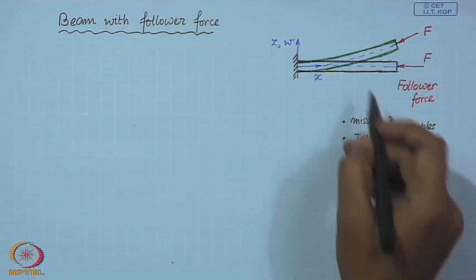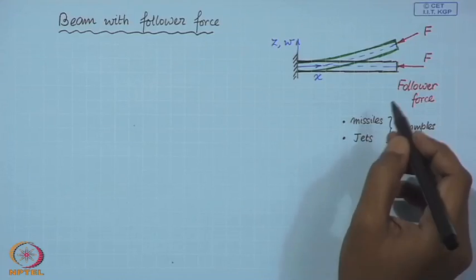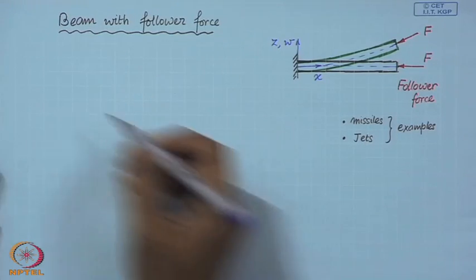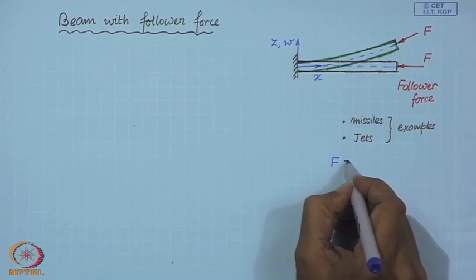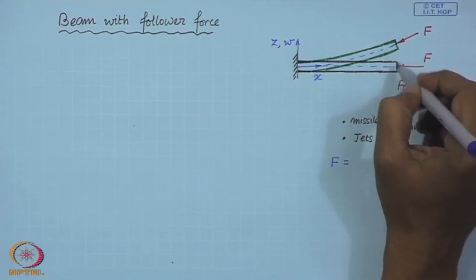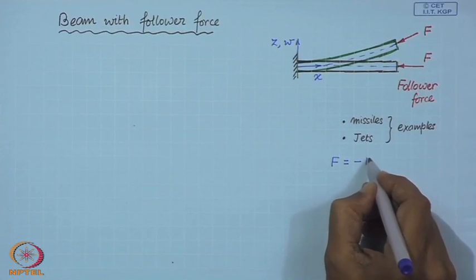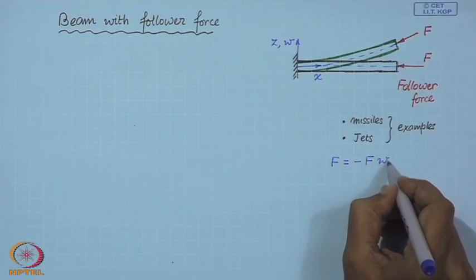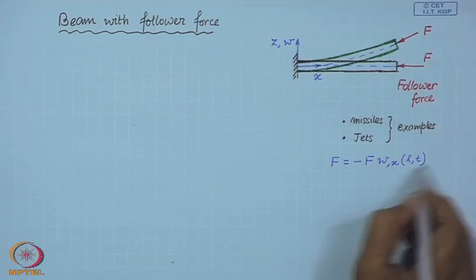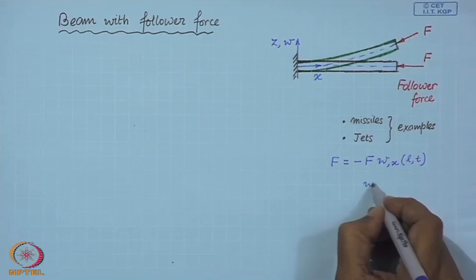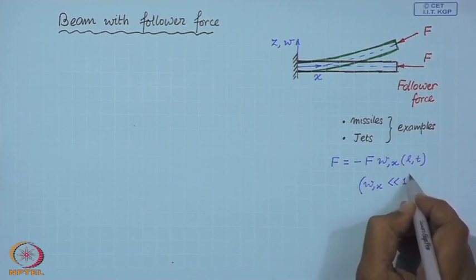Now, we need to derive the equation of motion of this system. One thing you can immediately see is that this force has a transverse component which is given by this, of course assuming that this is small.